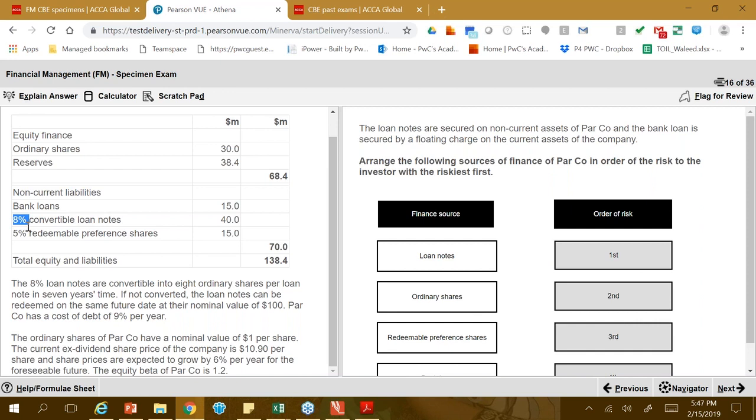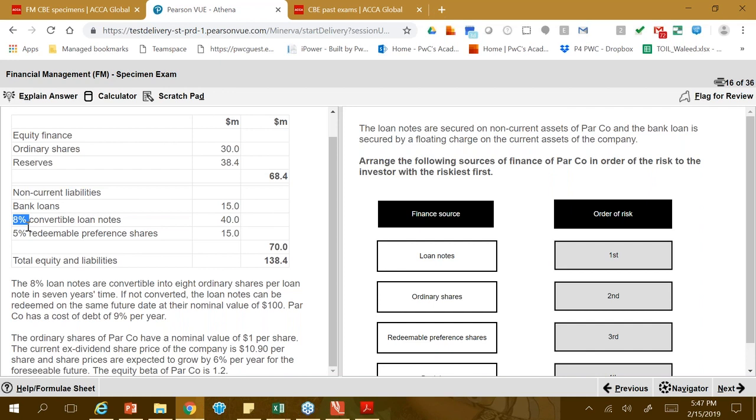If not converted, the loan notes can be redeemed on the same future date at their nominal value of $100, which means that the redemption value here is $100.